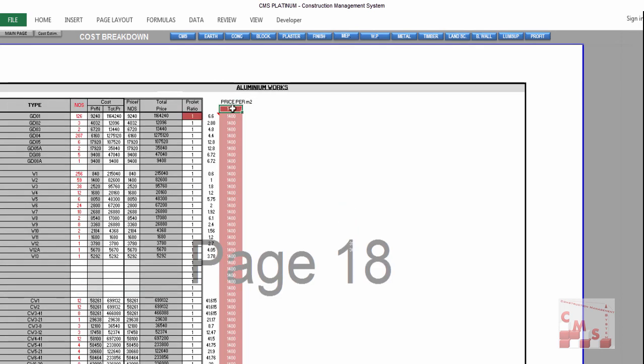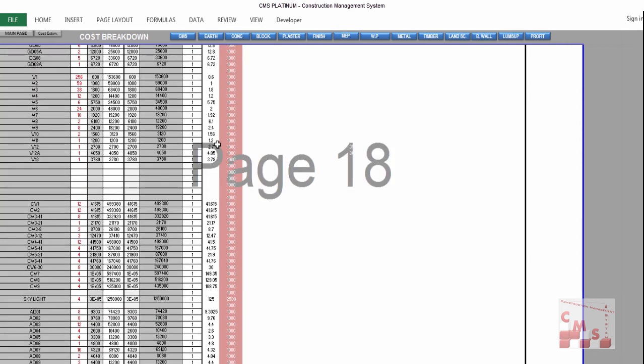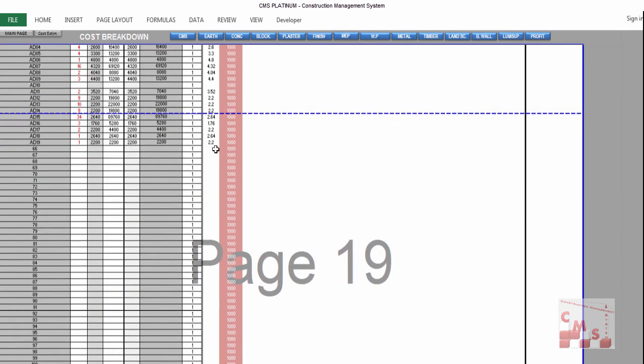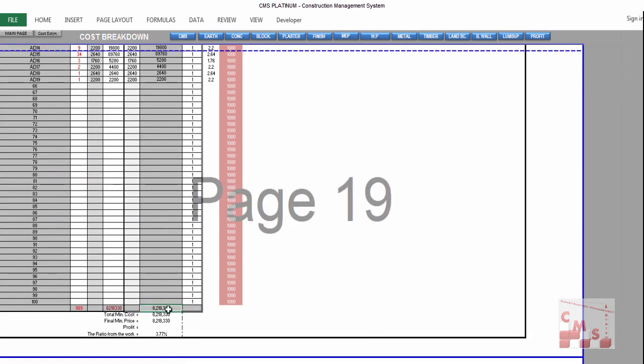So you will insert here the price of 1 meter to give you the full price for all the aluminium work. If you change this number with another number, everything will change. At the end, you will have the price for your aluminium work. That's the cost of your aluminium work.